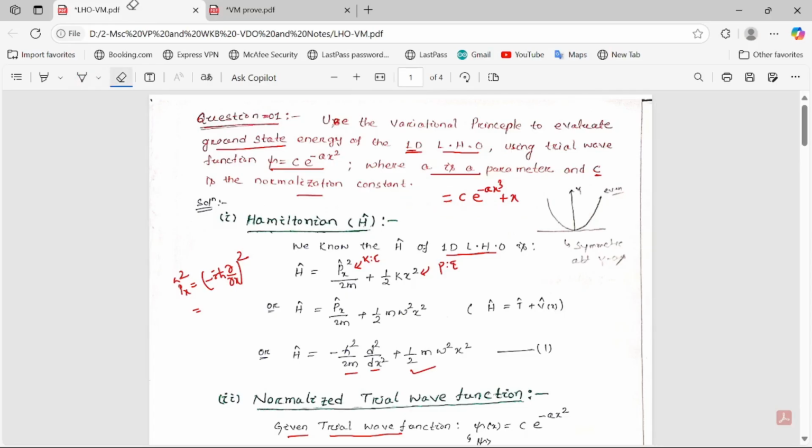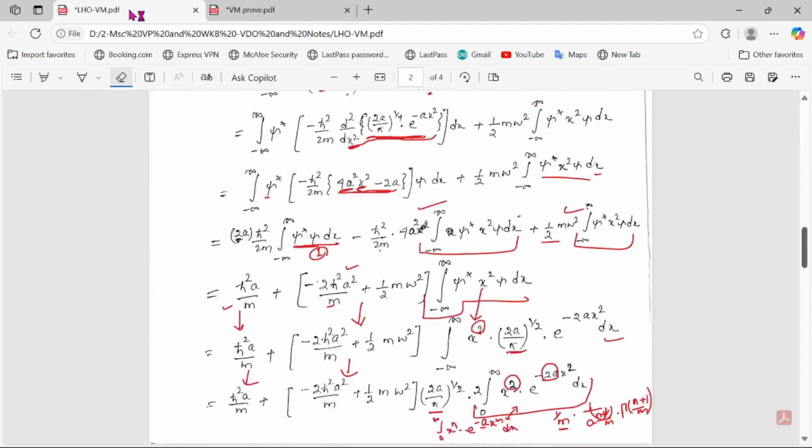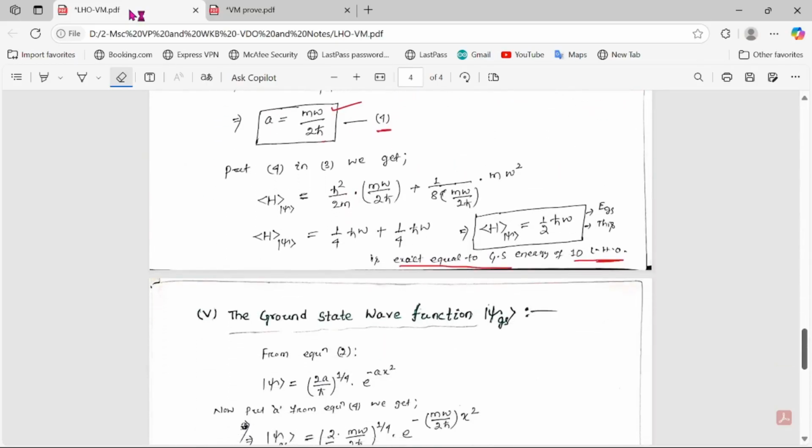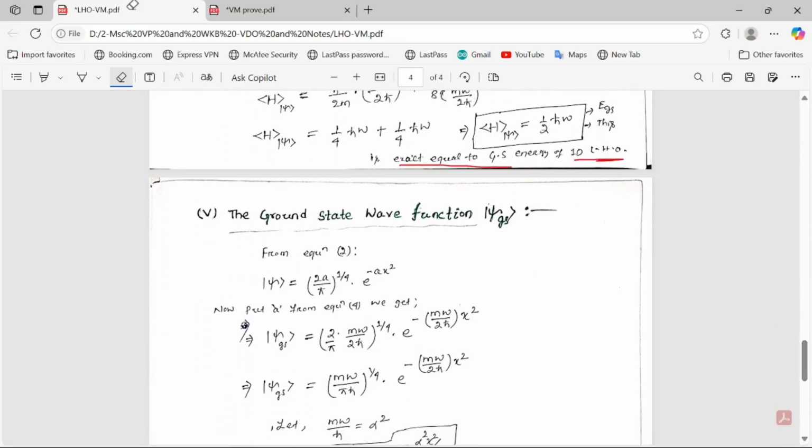But here, as per the trial wave function, what we calculated for the ground state energy of the linear harmonic oscillator exactly matches. That means the trial wave function given in the question is an exact match with the ground state wave function.